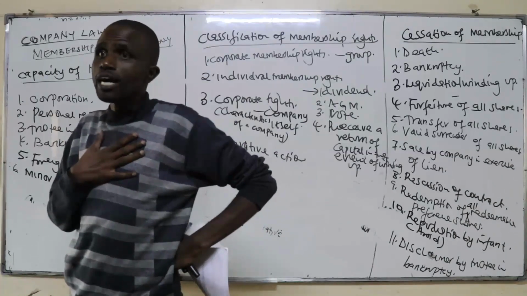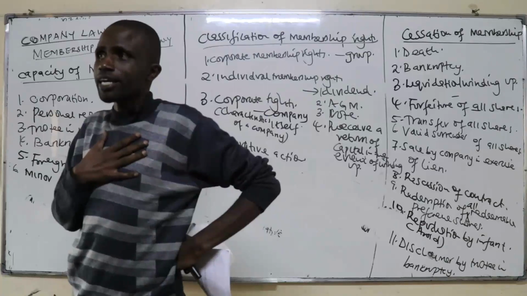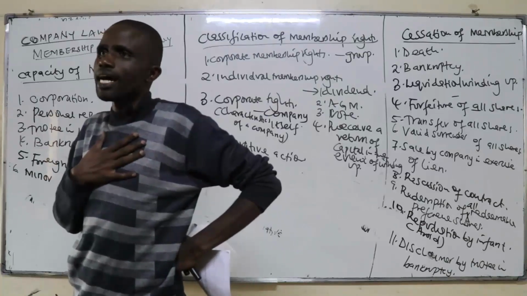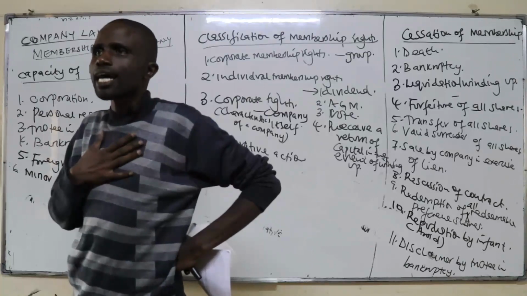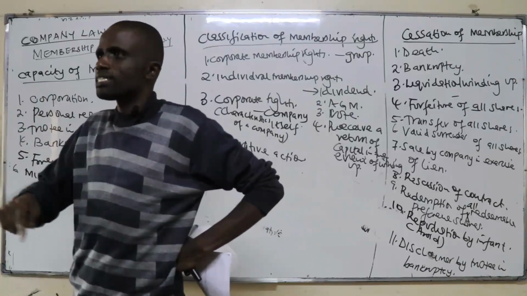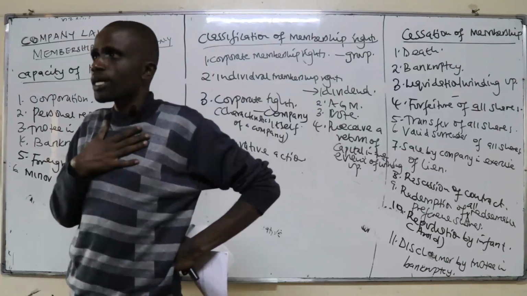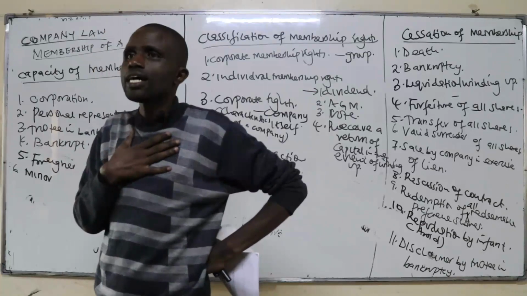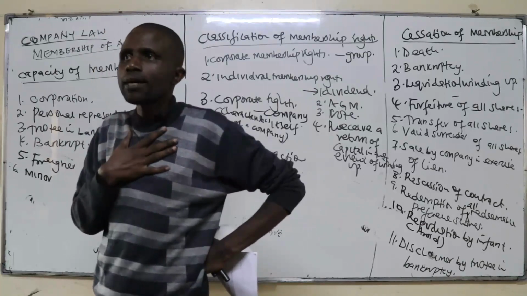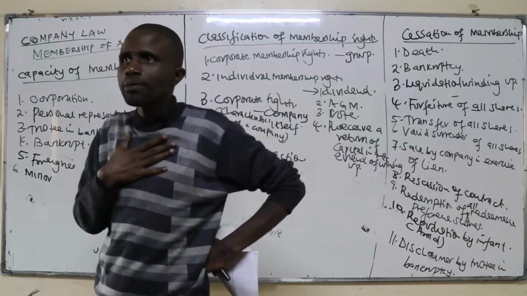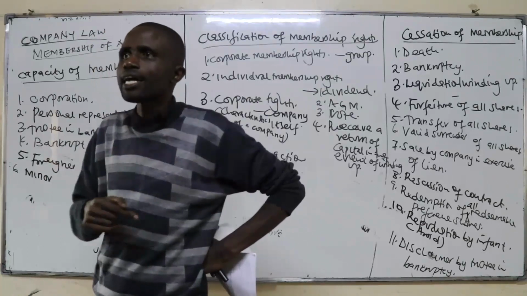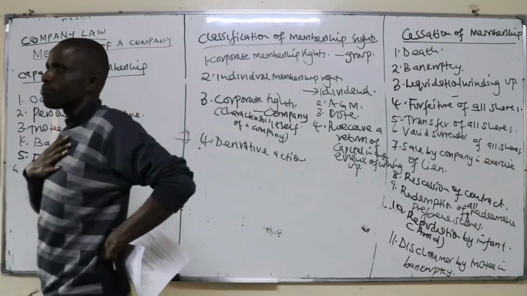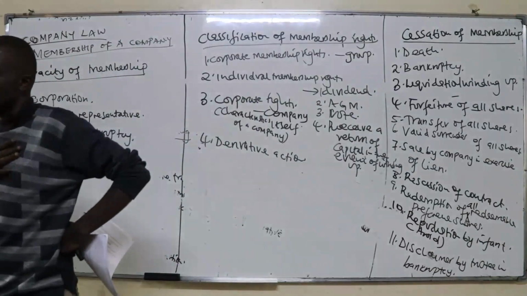I can also sue on behalf of the company to correct a wrong done against the company by the majority. And that's what we call derivative action: when an individual member sues on behalf of the company to correct a wrong done against the company by the majority.